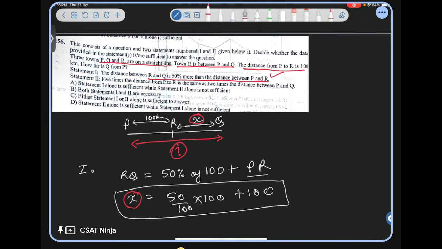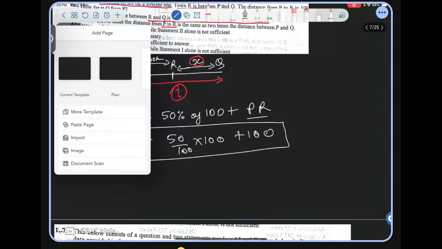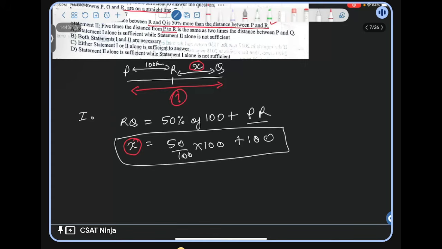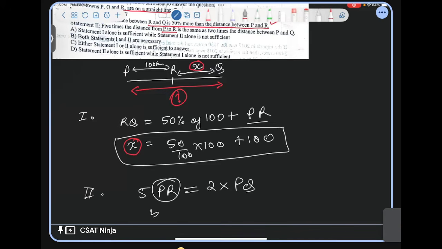Statement number 2 is: 5 times the distance between P and R is the same as, that means equal to, 2 times the distance between P and Q. We know this value, PR. 5 into PR, where PR is 100, is equal to 2 times PQ.